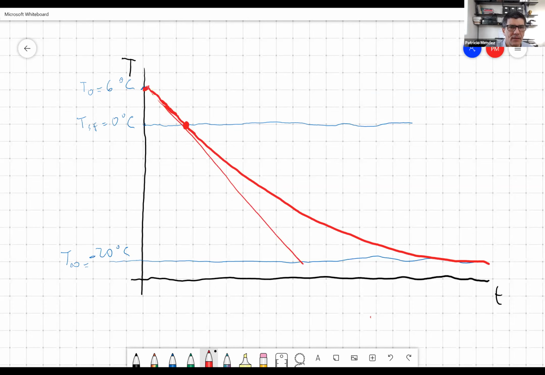And guess what? When it starts to freeze, it's not going to cool down anymore. So all this curve I drew here is not really going to happen.